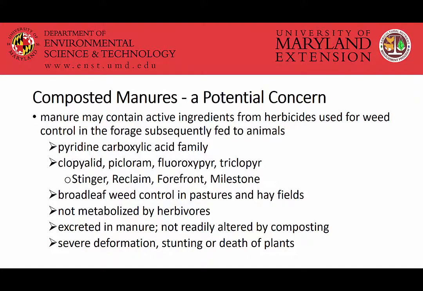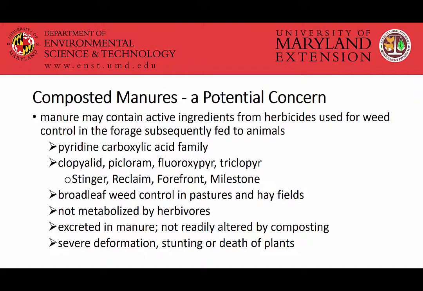Okay, now, manure can contain active ingredients from the herbicides used on the crops that were grown to feed the animals. And the real bad guy here is this family, the pyridine carboxylic acid family. So it's things like clopyralid, picloram, aminopyralid, and triclopyr. Things like Stinger, Reclaim, Forefront, and Milestone, and this has a really bad rep. They were introduced in the late 90s.